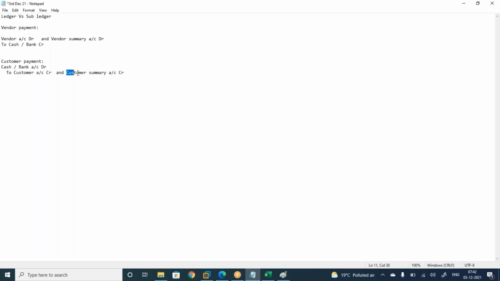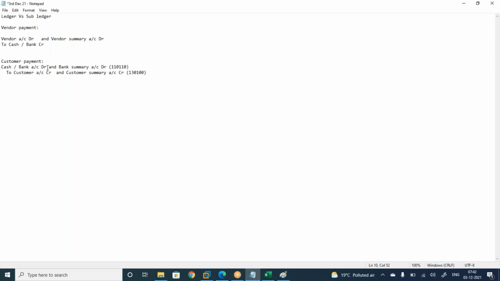So this will be the ledger account, 130 something, and this is the ledger bank account. Here also it will post to the bank account and the bank summary account. The bank summary account means the 110110 summary account.